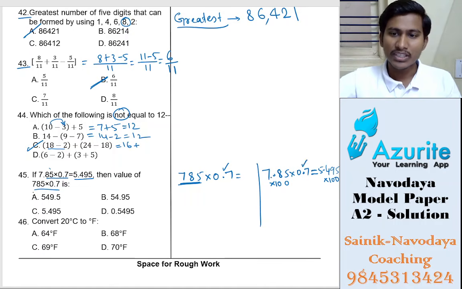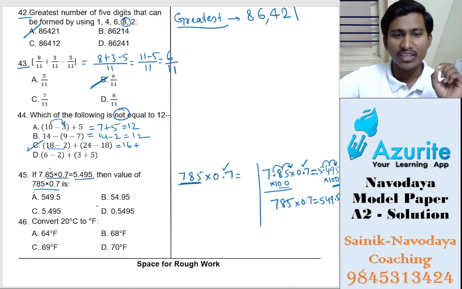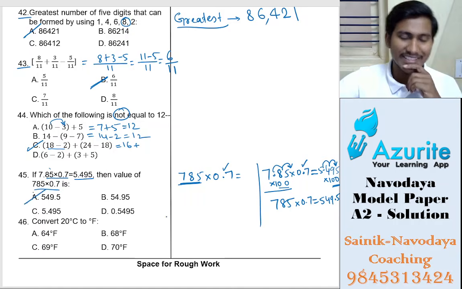So if you multiply by 100, for 2 zeros the point will shift, so it will become 785. And then into 0.7 as it is. Equal to, here if you multiply by 2 zeros, here also we have to shift the point by 2 places, that is 549.5 will be the answer. What? 549.5. Which option? 549.5, option A is the answer.